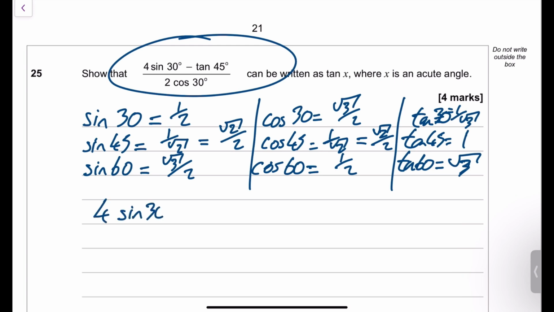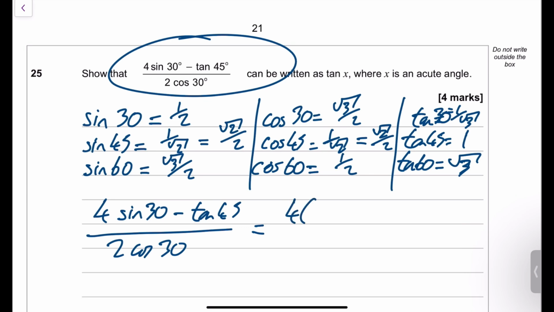We had 4 sine of 30 minus tan of 45 all divided by 2 cos of 30. So let's just fire in what we now know. That's 4 times sine of 30, so 4 times a half, minus tan of 45, which is 1, all over 2 times cos of 30.